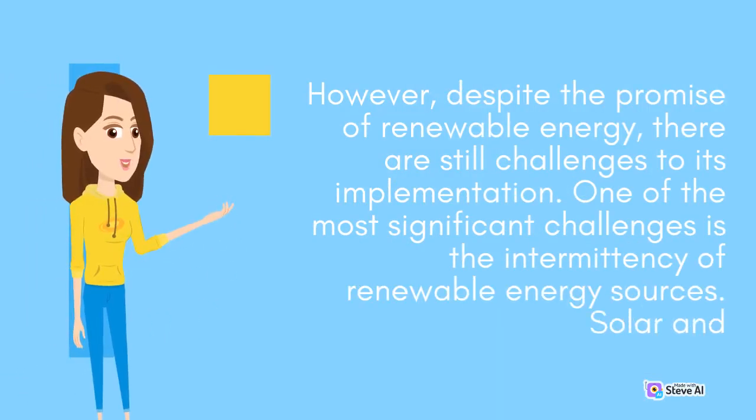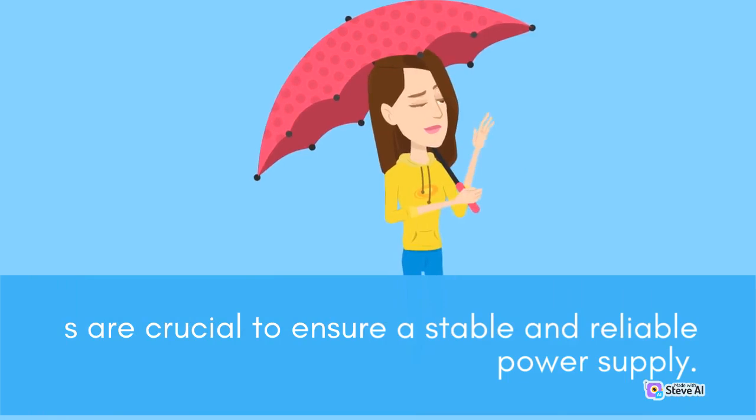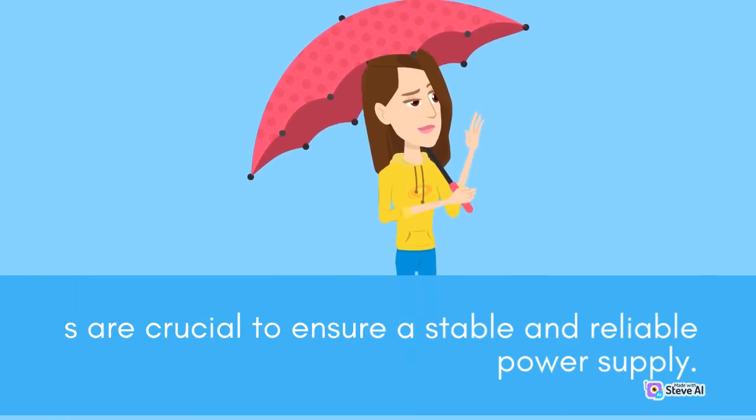However, despite the promise of renewable energy, there are still challenges to its implementation. One of the most significant challenges is the intermittency of renewable energy sources. Solar and wind power, for example, depend on weather conditions and time of day, and as a result, their output can be variable and unpredictable. This means that energy storage and grid integration technologies are crucial to ensure a stable and reliable power supply.